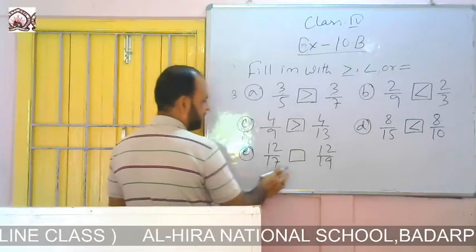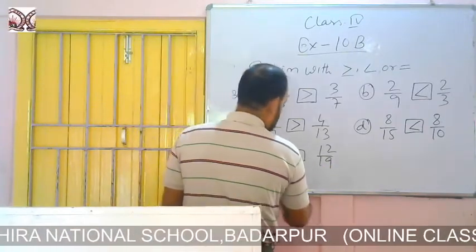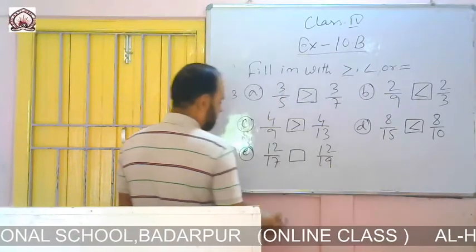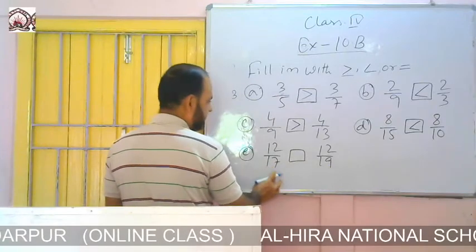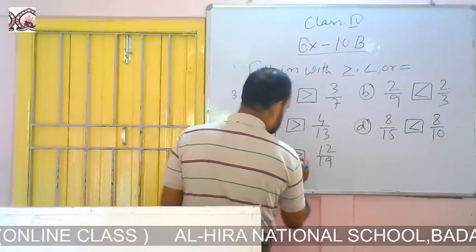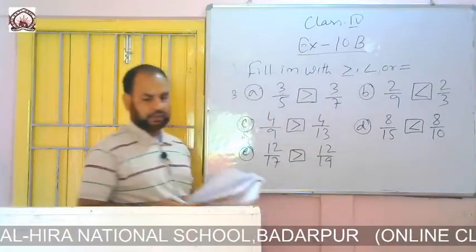Here 17, here 19. So 17 is smaller than 19. So 12 by 17 is greater than 12 by 19.